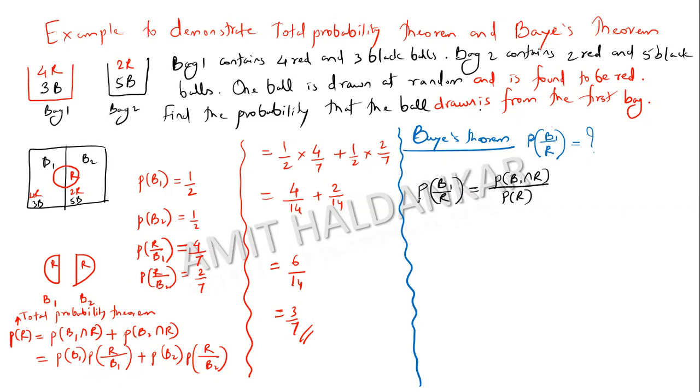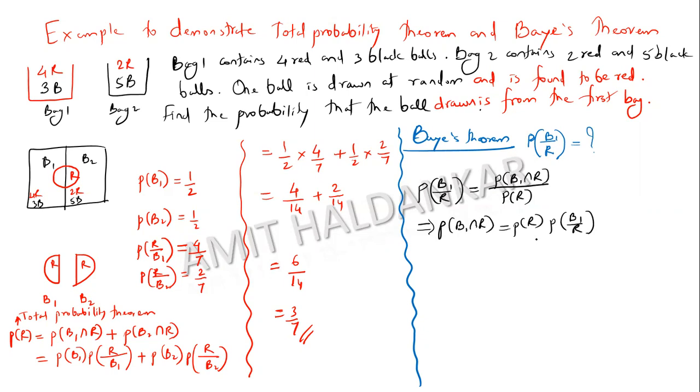This is how we define conditional probability. And so by using this conditional probability, I can also write P of B1 intersection R is P of R into P of B1 upon R.